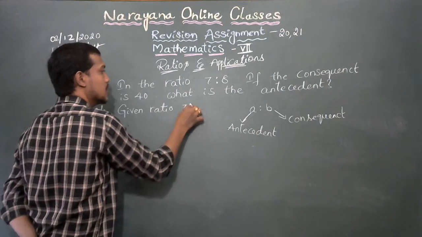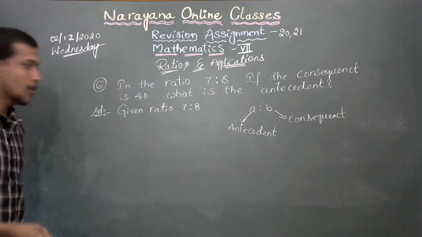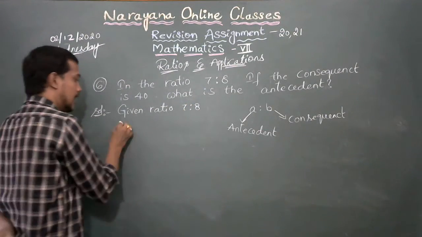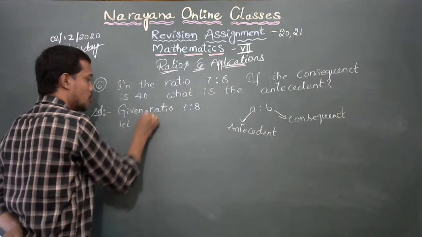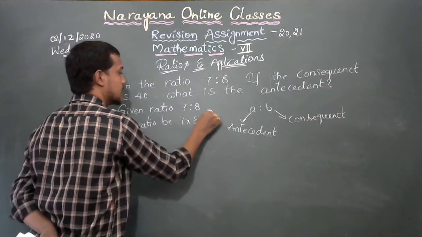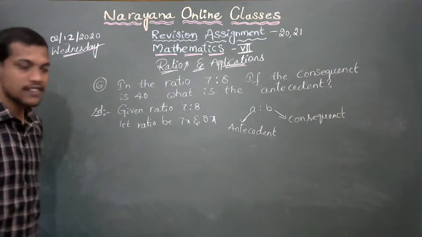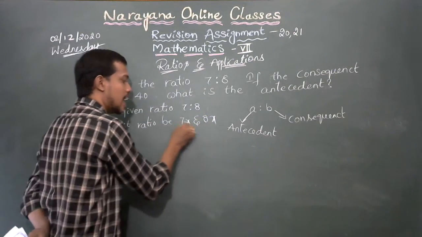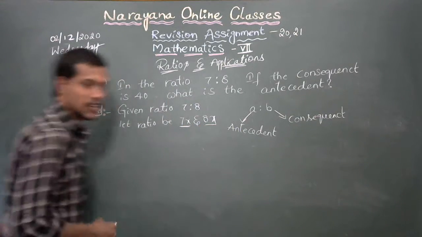Given ratio 7:8. Let the ratio be 7x and 8x. So this is antecedent and this is consequent.